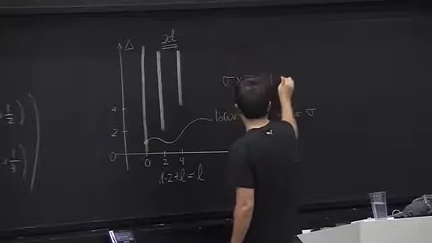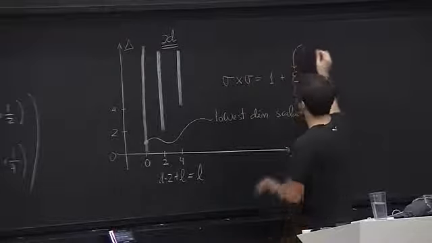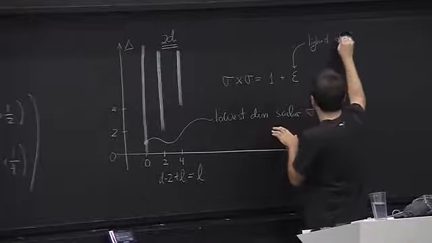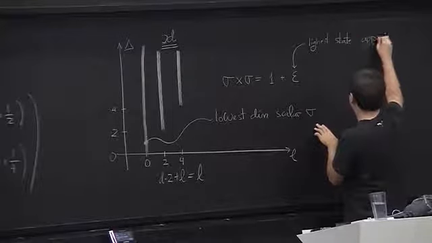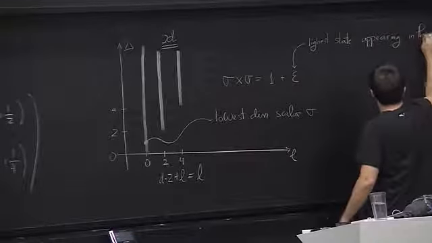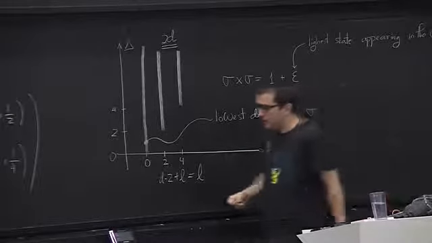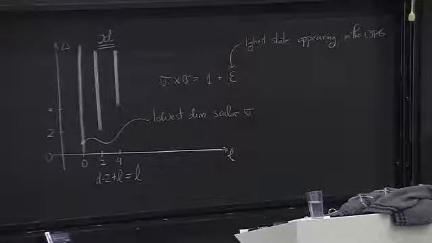It can produce the identity, plus some other state epsilon, where epsilon is the lightest state appearing in the OPE. Okay? The lightest state that is produced when I take two scalars, two sigmas together.